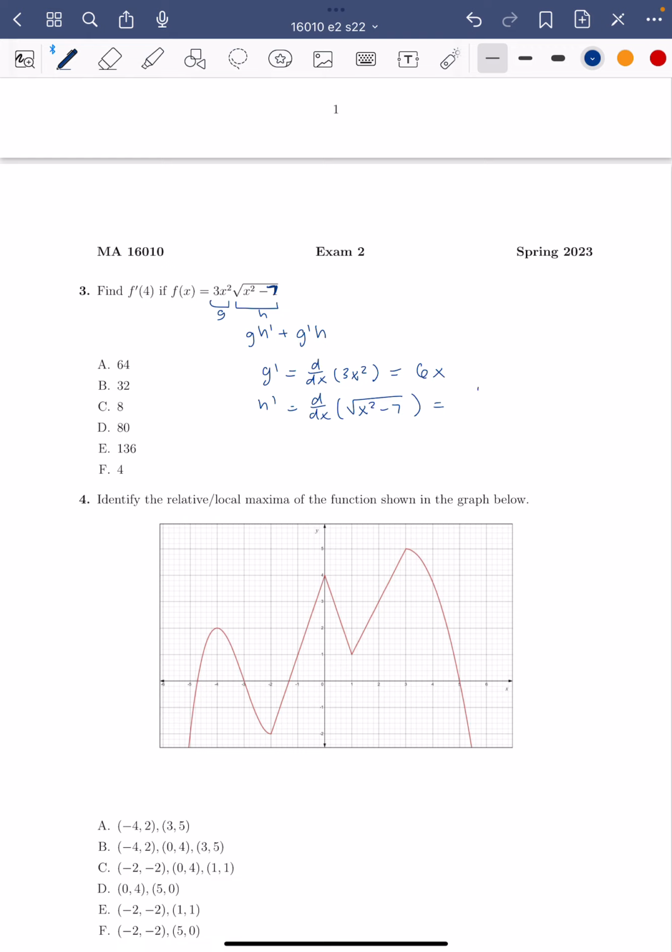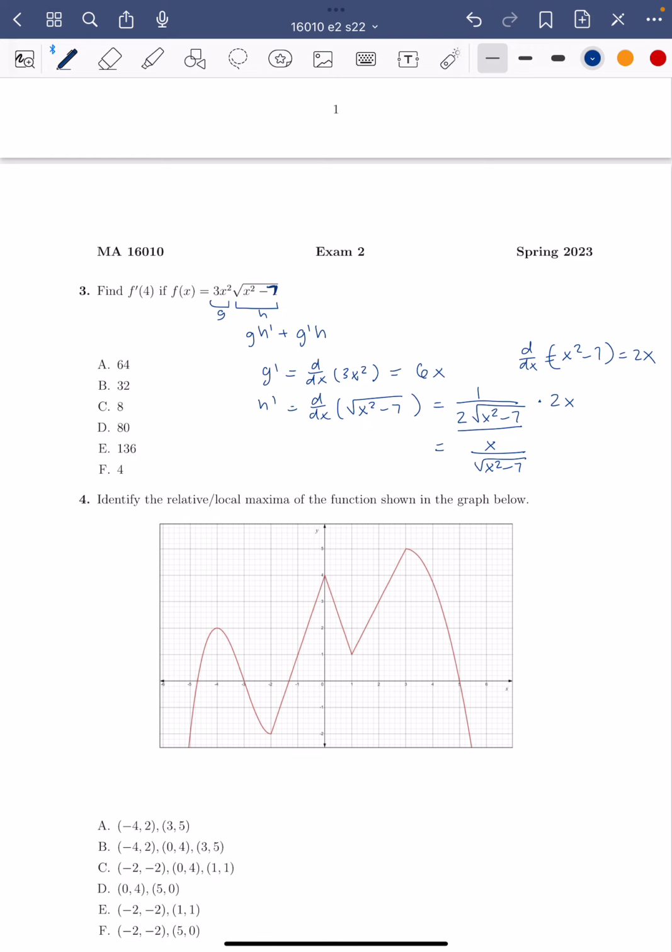That would be 1 over 2 square root of x squared minus 7. Because there's something under the root other than just x, we need to find the derivative of the inside. The derivative of x squared minus 7 equals 2x, so we multiply this by 2x. Again, that's chain rule. If we simplify, we get x over the square root of x squared minus 7, because the 2's in the numerator and denominator cancel.